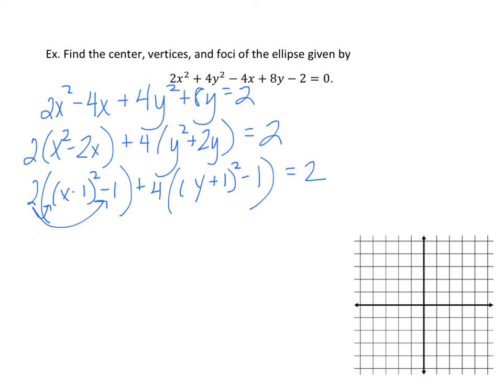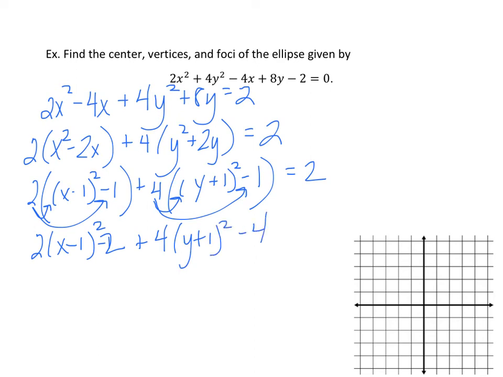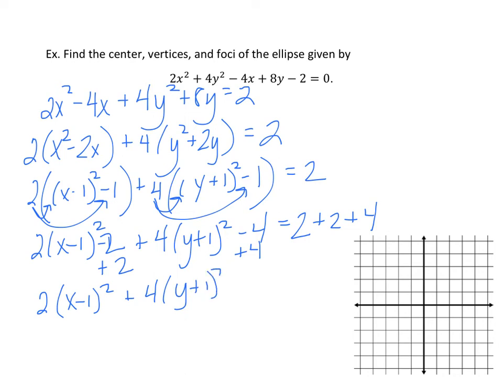Put my coefficient back in. 2 times (x minus 1) squared minus 2 plus 4(y plus 1) squared minus 4 equals 2. Add my 2, add my 4. 2 times (x minus 1) squared plus 4 times (y plus 1) squared equals 8.